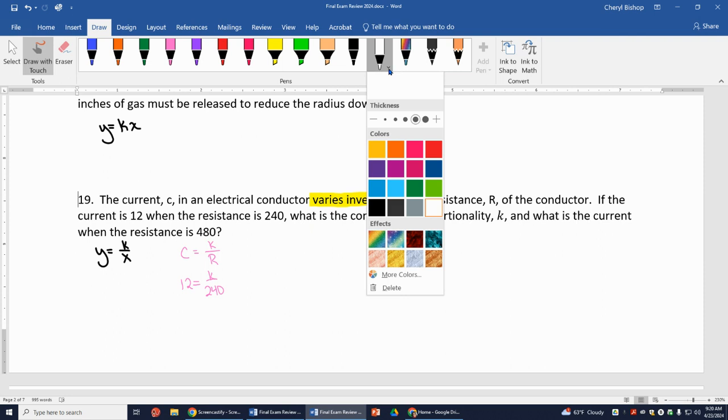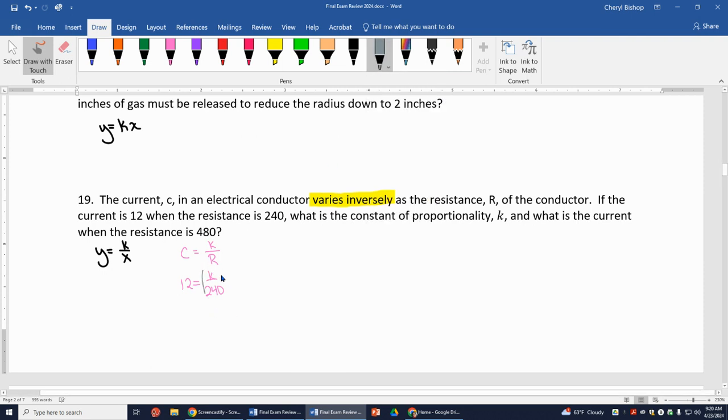All right, so to solve this, I'm going to multiply both sides by 240.